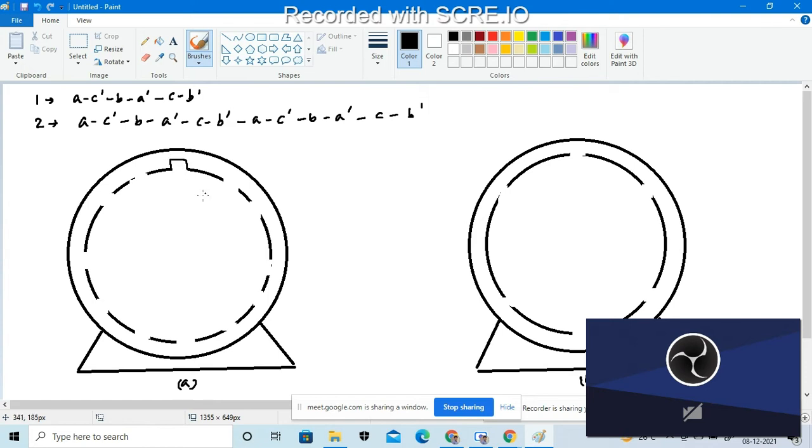Okay, so this is actually my A1 and A2. Here we are considering the cross, and here also the cross and dot. Cross and dot mean the current will enter and leave the stator.